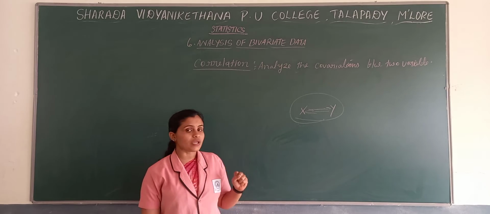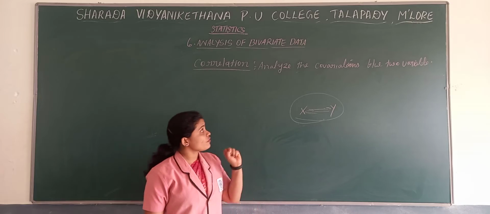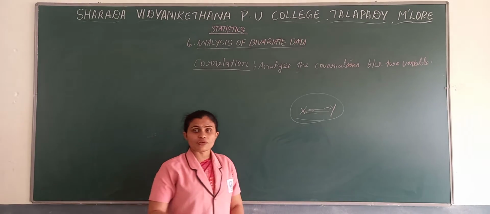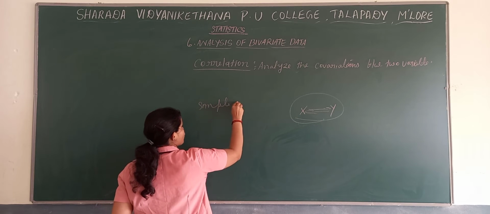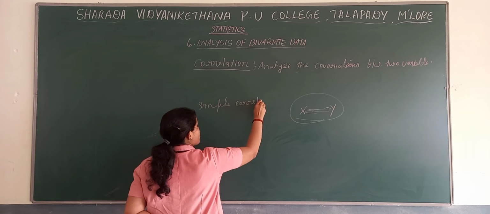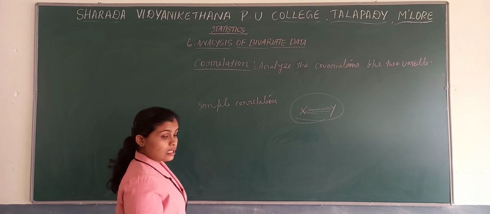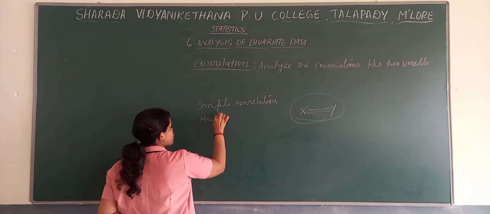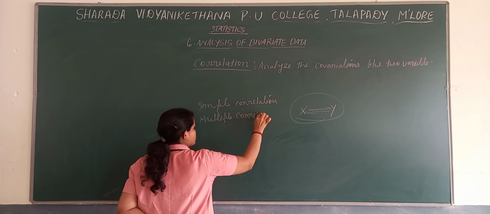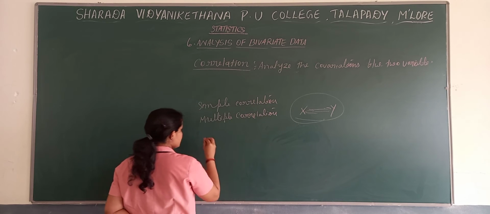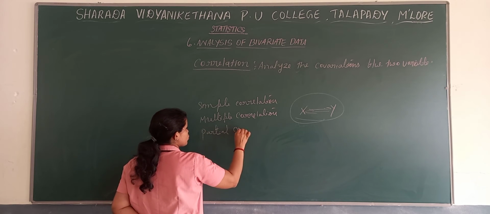Now, when we have two variables, in case of bivariate data, correlation can be simple correlation, or else it can be multiple correlation, or else it can be partial correlation.